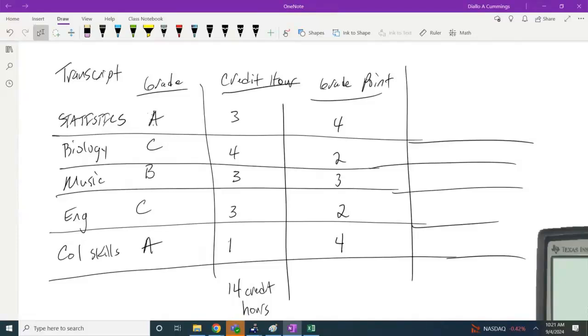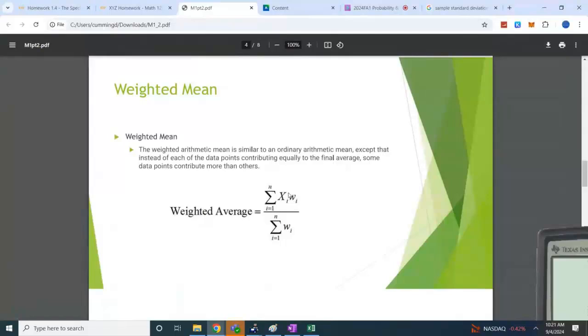So next I'm going to multiply. As far as the weighted average is concerned, this funny looking formula, you've got X and W, right?